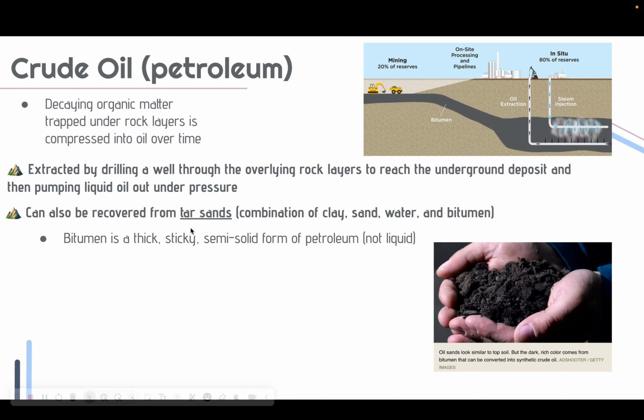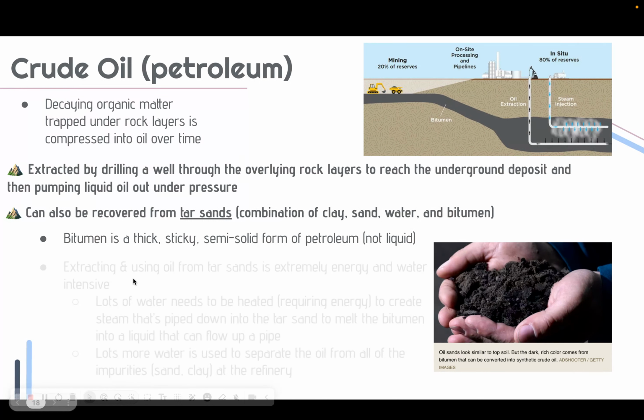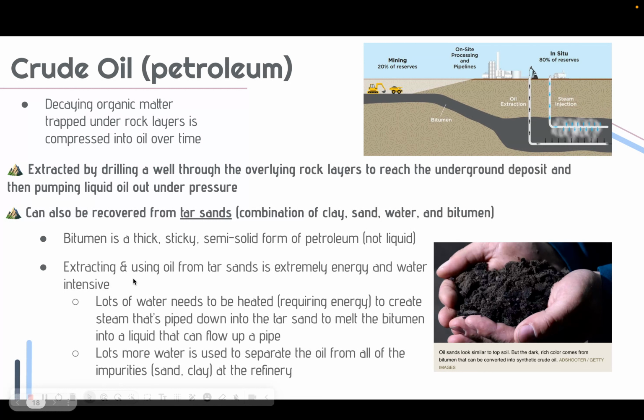But it's very much used in the southwest part of the United States. So Oklahoma, the Great Plains, Texas, and then Canada. Canada is using a lot of tar sands. It's very common for Canada to use tar sands. But we extract this and use the oil.